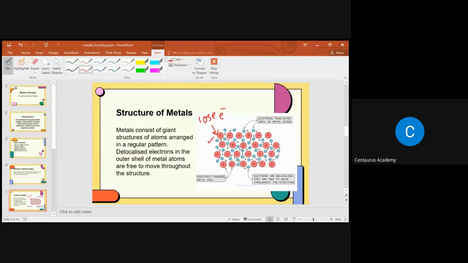These delocalized electrons will help the metal to carry the electric charge in any physical state, be it solid, be it liquid, in aqueous solutions, okay, anything.